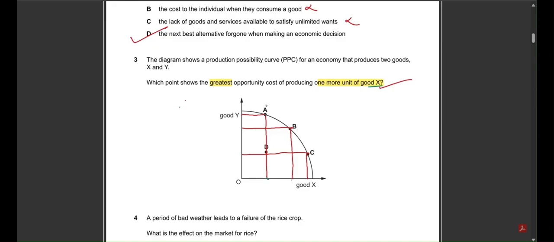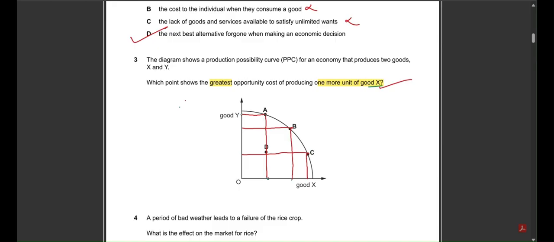So let's see over here. Just assume from A I have to increase my production of good X. So from A I am moving to B. From this point, if I am moving over here, what do I have to sacrifice?